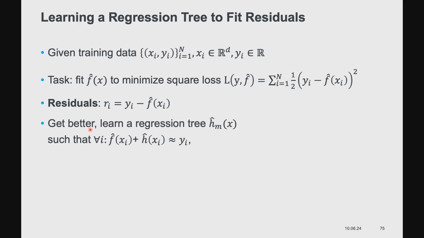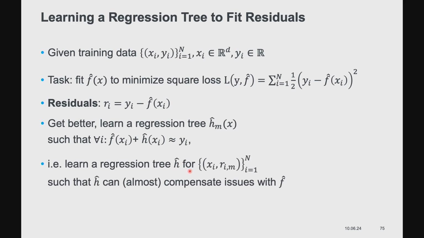And now the idea is that in order to improve, we learn a regression tree. We call this regression tree h hat m of x, such that when our current model is f hat and we add this regression tree at this particular point, we better hit our target value for our regression task.